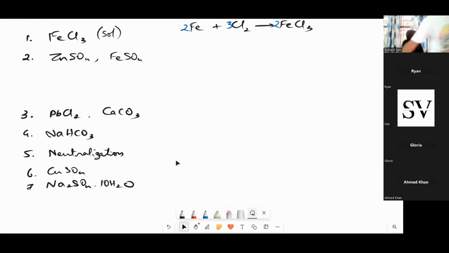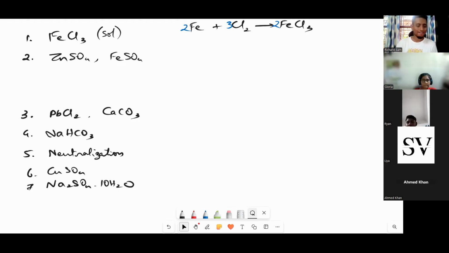What method are we using? Direct combination. Then for zinc sulfate, we're using simple displacement. Okay, simple displacement reaction. Do you remember simple displacement reaction? You'll take a metal, like I explained, no?